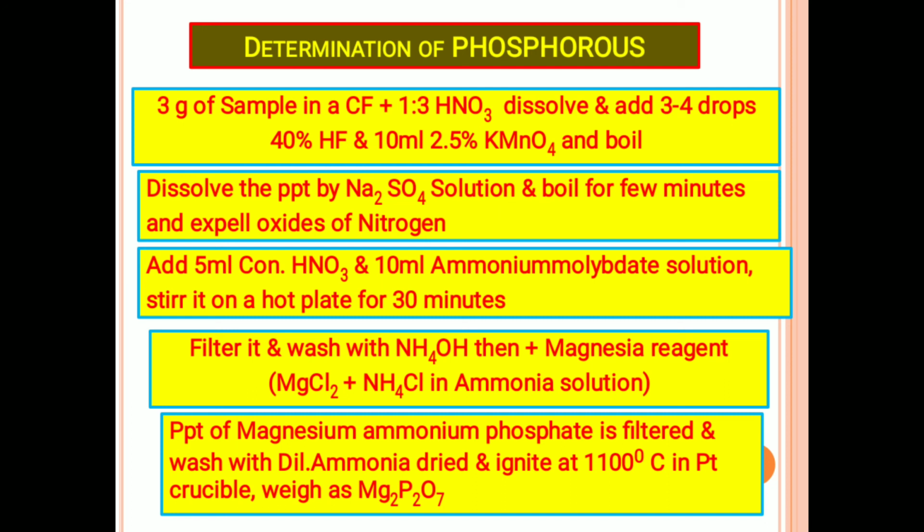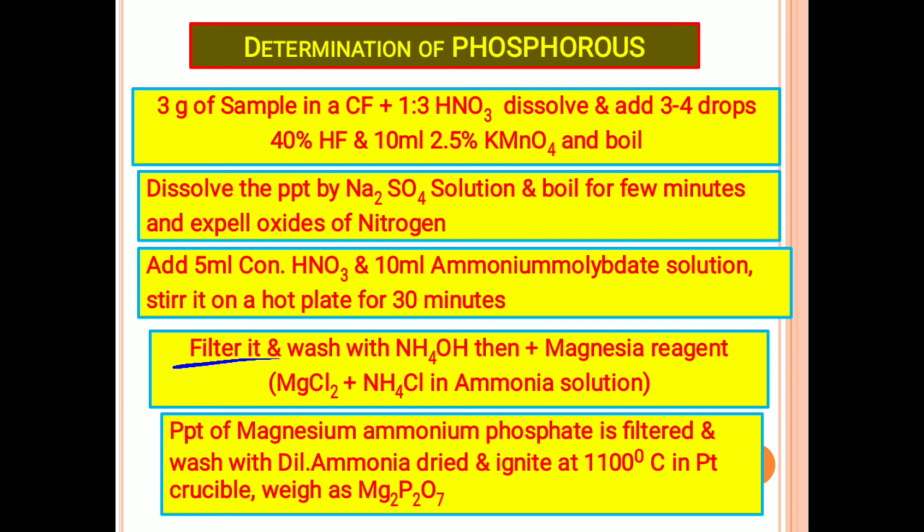Boil for a few minutes and expel oxides of nitrogen. After that, the next step is add 5 ml concentrated HNO3 and 10 ml ammonium molybdate solution. After the addition of ammonium molybdate solution, the phosphorus which is present in the solution will be converted into ammonium phosphomolybdate. Then stir it on a hot plate for 30 minutes.